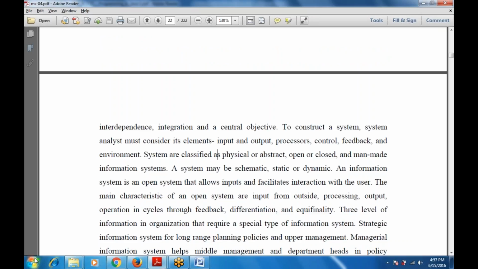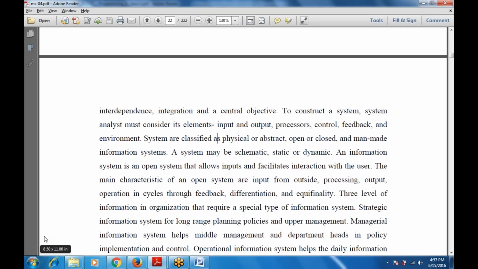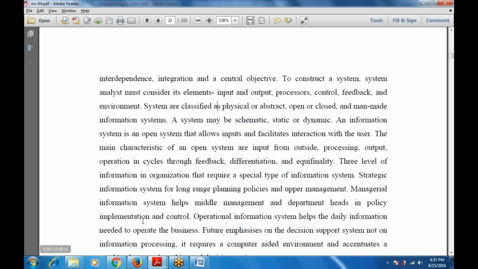And there are three levels of information that are part of the information system. One is the strategic information system for long range planning and the upper management, which is also done by the DSS. Then the managerial information system helps the middle level and the department heads to operate the business.